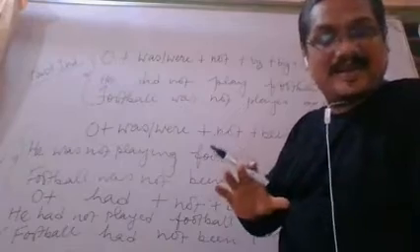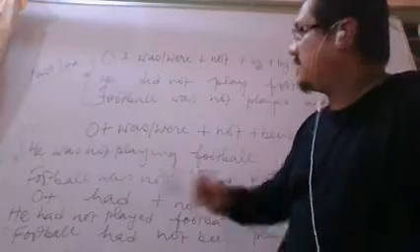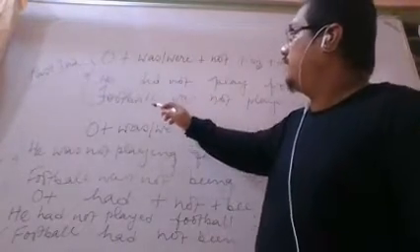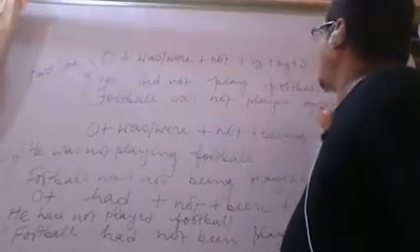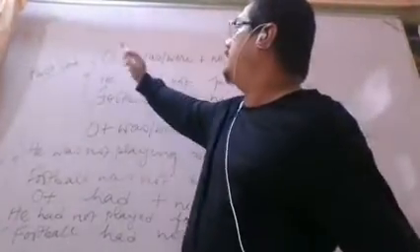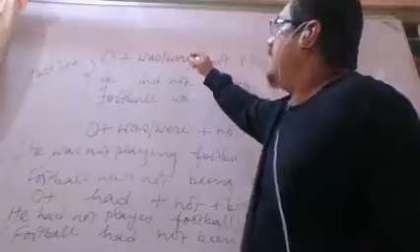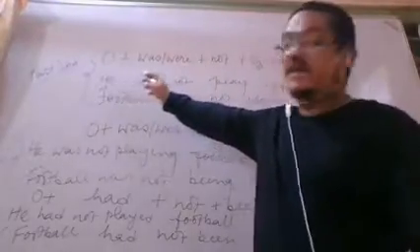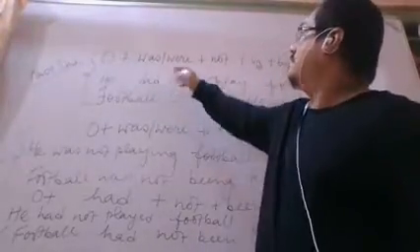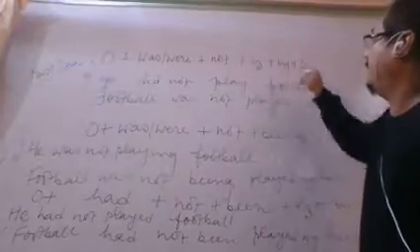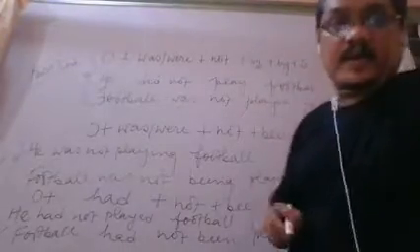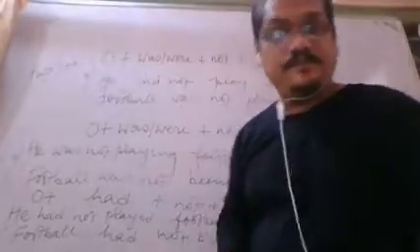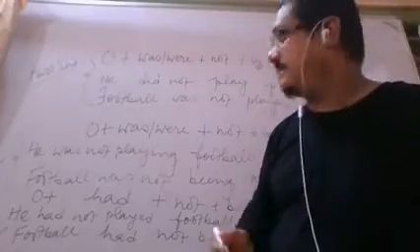It is a negative sentence, isn't it? In past tense, he did not play football. So football was not played by him. So football, the object, was or were; was, because it is singular, so we are using was not, played by him. Okay, him is the subject in objective case.